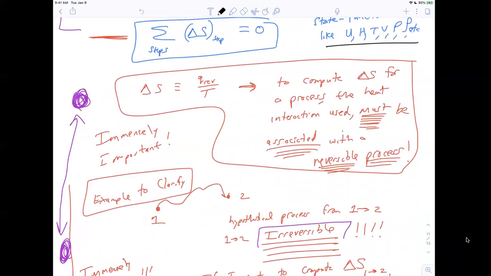Okay. And we saw that this form of the expression is associated with a reversible process, so the heat that you use in this definition has to be through a reversible interaction between system and surroundings.